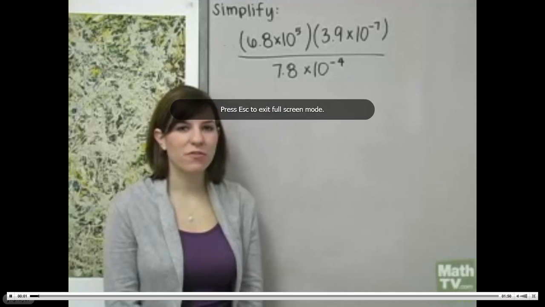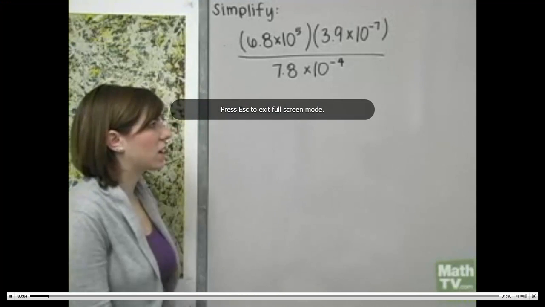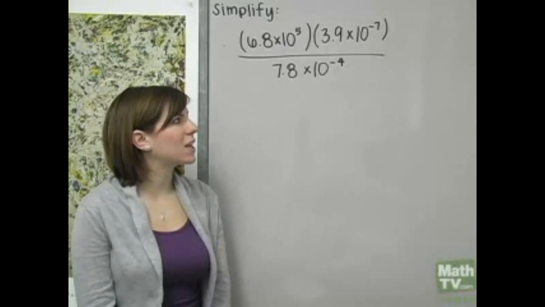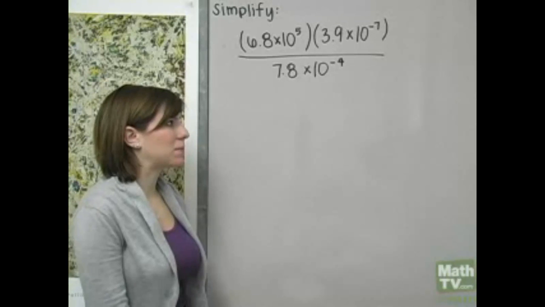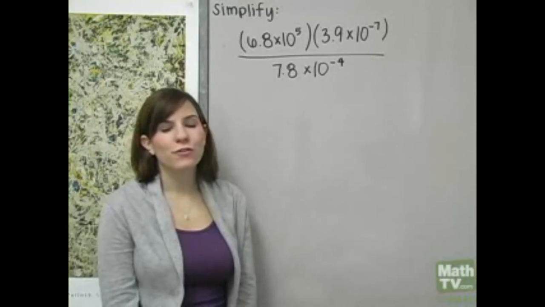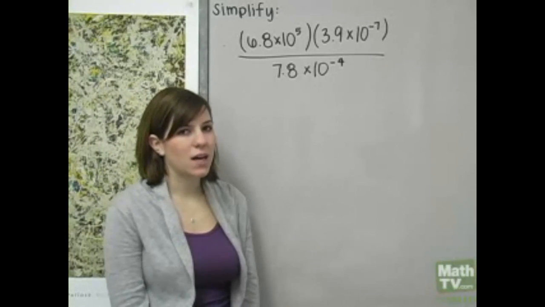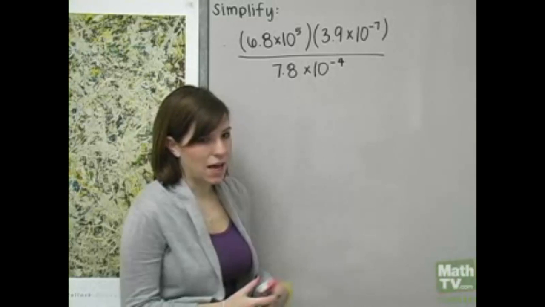We are asked to simplify 6.8 times 10 to the 5th times 3.9 times 10 to the negative 7 all over 7.8 times 10 to the negative 4. So first we're going to separate our numbers 1 through 10 from our powers of 10.